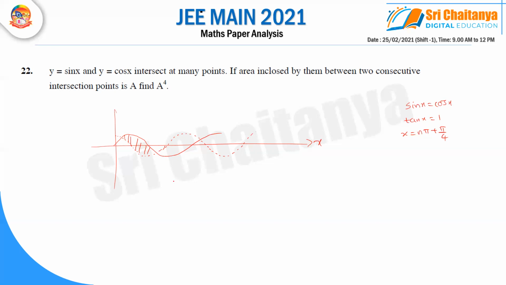So my area will be integral. What is the first point of intersection? Pi by 4. The second point of intersection is pi plus pi by 4, and sin x minus cos x dx. So if you do the proper calculation, you will be getting it as 2 root 2. So the value of A power 4 will be 64.